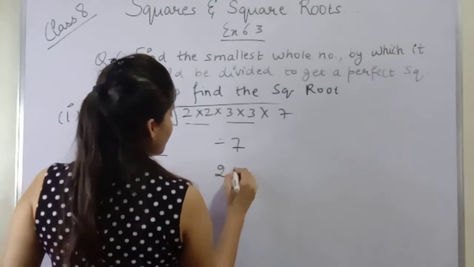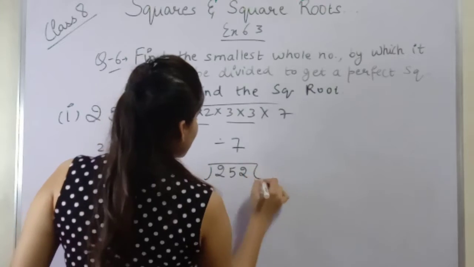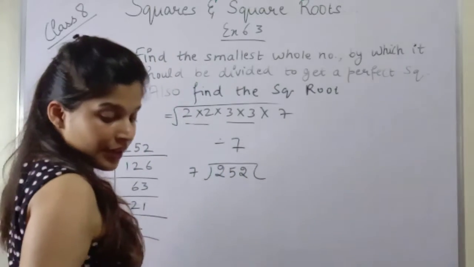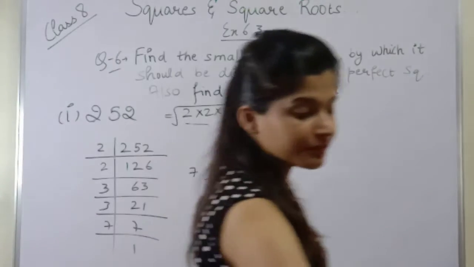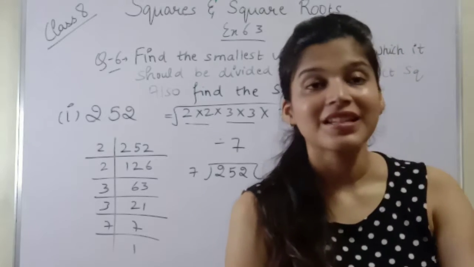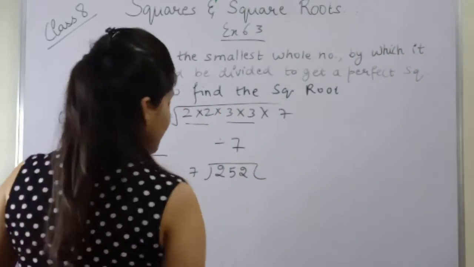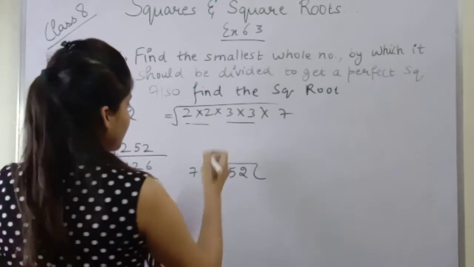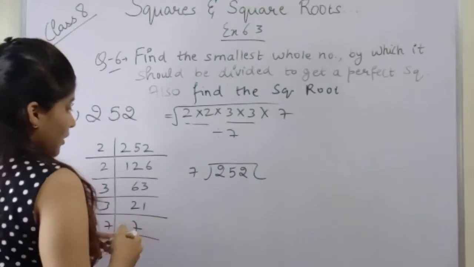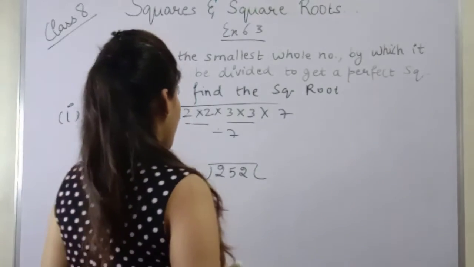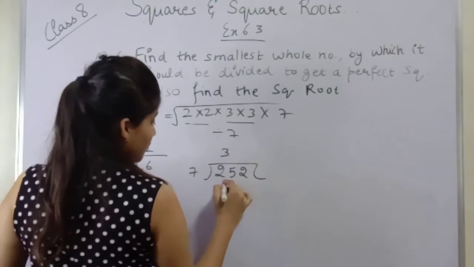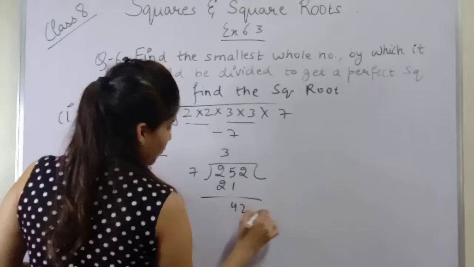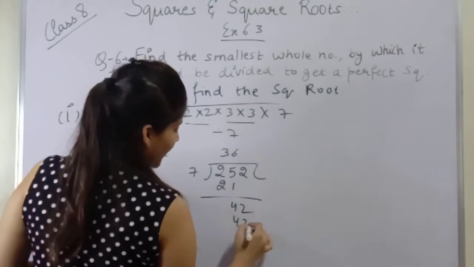Now 252 को हम 7 से divide कर देंगे, and then we will see कि जो हमारा आंसर आता है is that a perfect square. So 7 3s are 21, 42. 7 6s are 42.